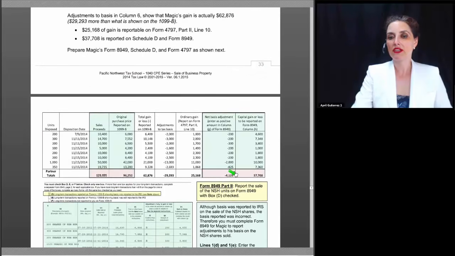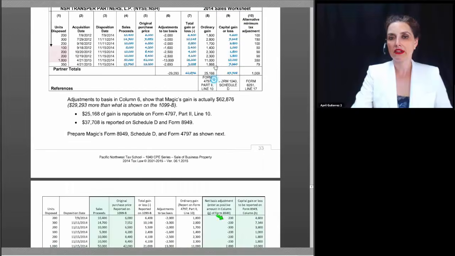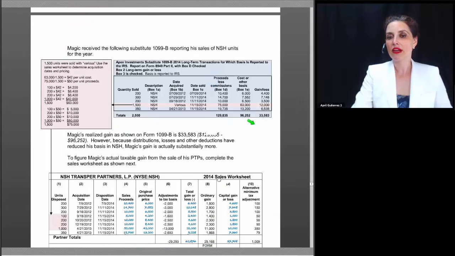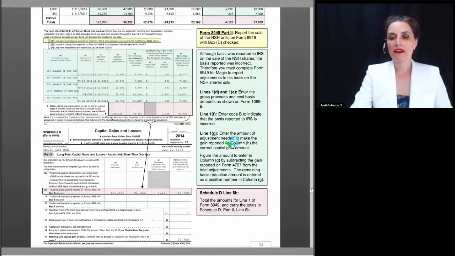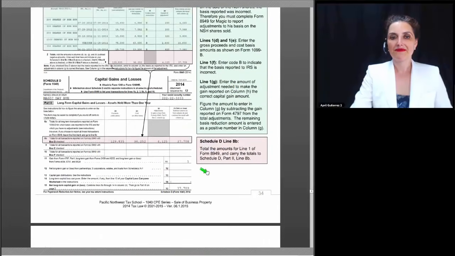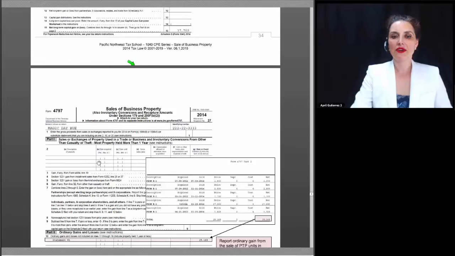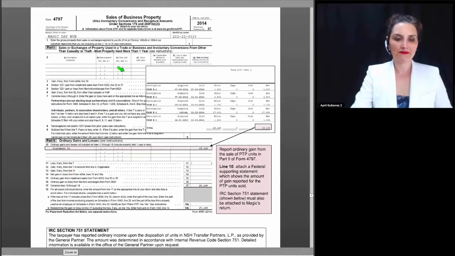Ultimately, the capital gain showing on Schedule D is $37,708, and that is greater than the gain or loss reported on the 1099-B. So the next step is, of course, to carry those totals over to Schedule D, which you can see I've done here. And then it's time to move on to Form 4797.